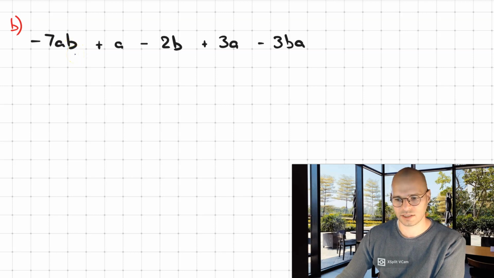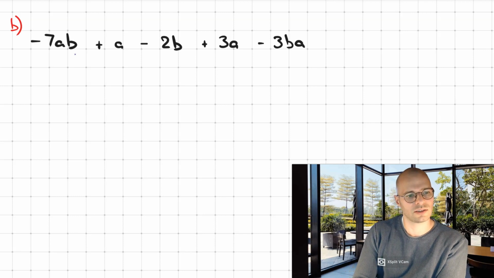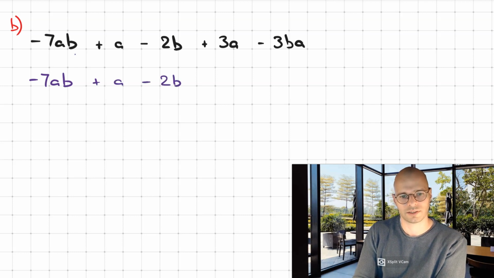It's not a rule per se that you have to do it, but I recommend it because it makes identifying like terms much simpler. So 7ab, nothing changes there, plus the a, nothing changes. Take the 2b, nothing changes. 3a, nothing changes. However, for the final one, 3ba, in alphabetical order, it's 3ab.